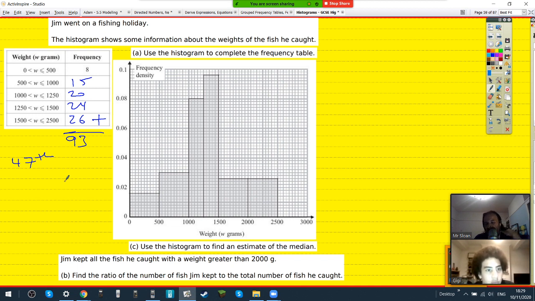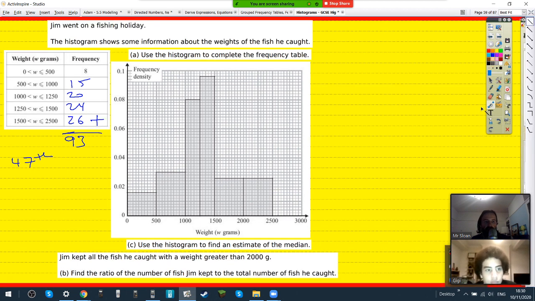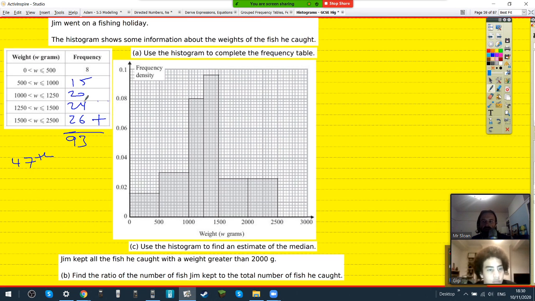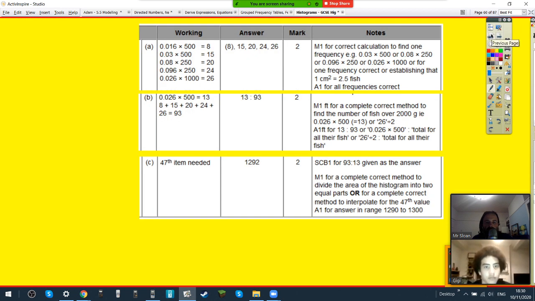It will be between 1,000 and 1,250 grams. Do we have to be more exact than that? We do. The 47th.